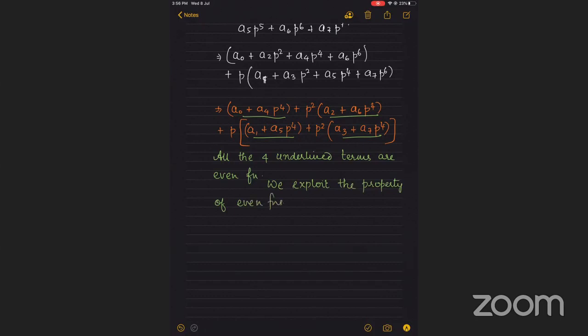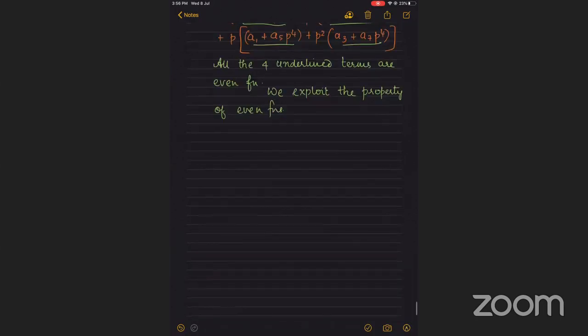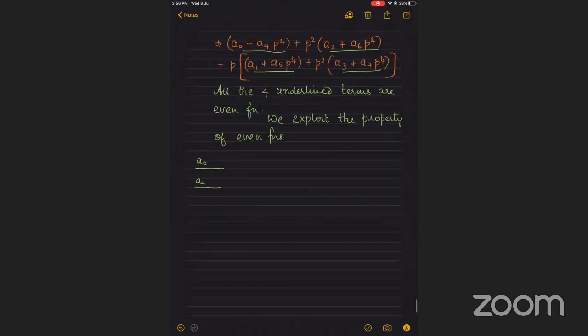What do we mean by that? Let us see what happens. I take A0, then I take A4P power 4, add these two and keep it. Then I take A2 and A6P power 4, add these two and keep.